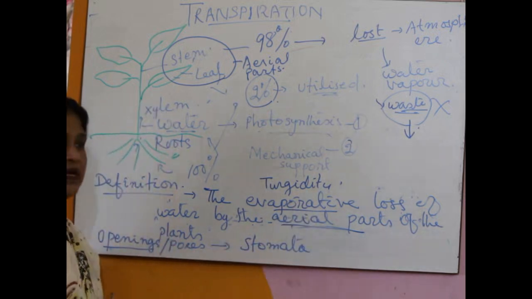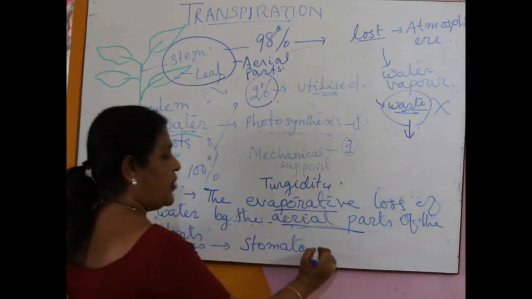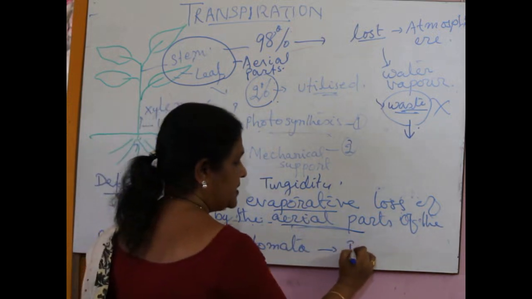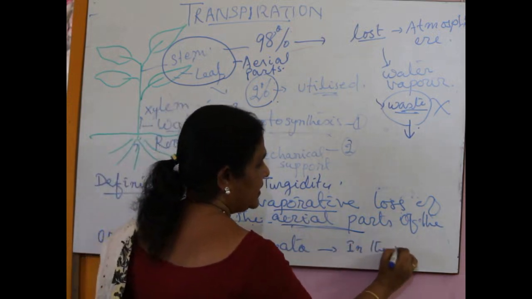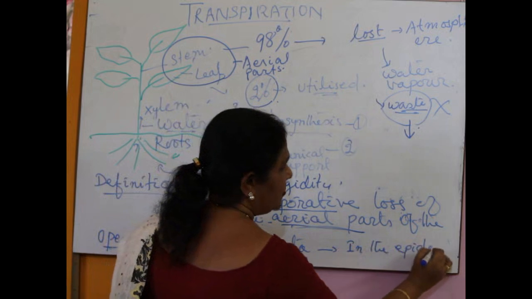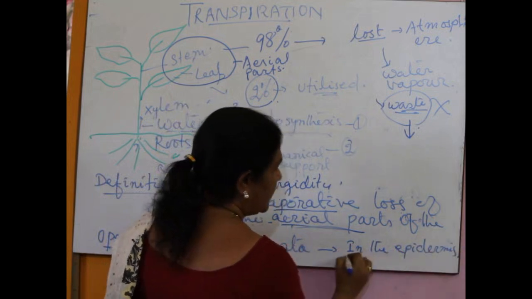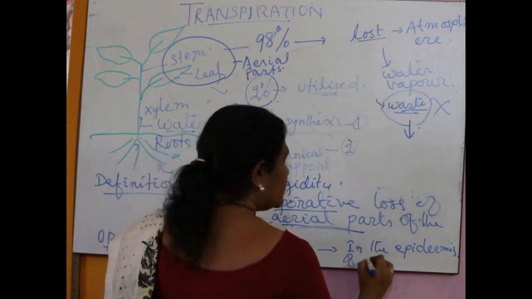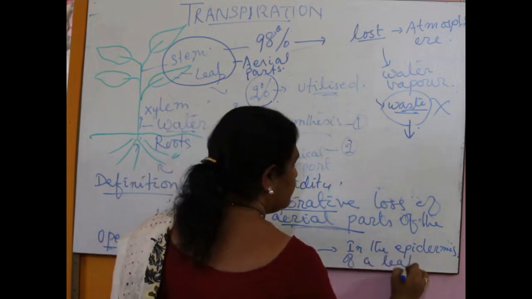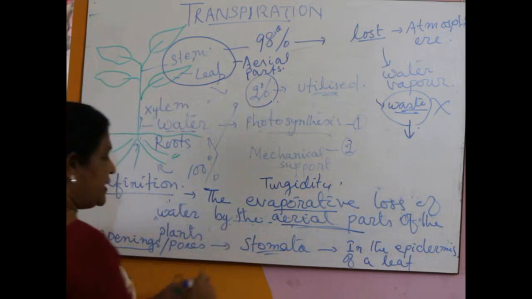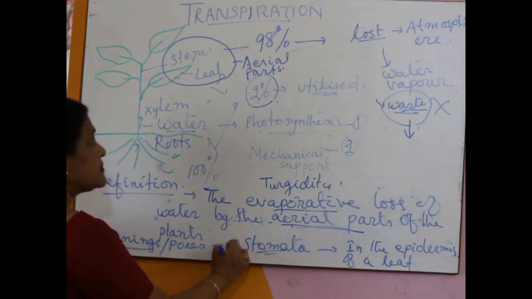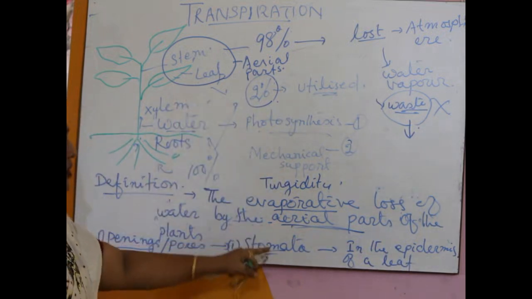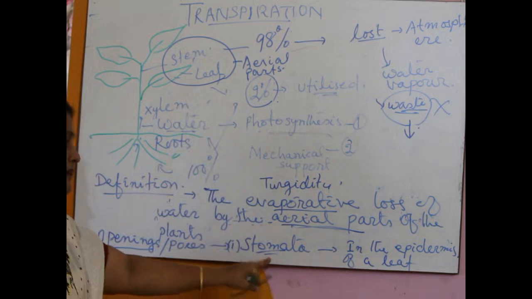Stomata is the plural. So stomata are found in the epidermis of a leaf. So these are the stomata through which transpiration occurs. Am I clear?